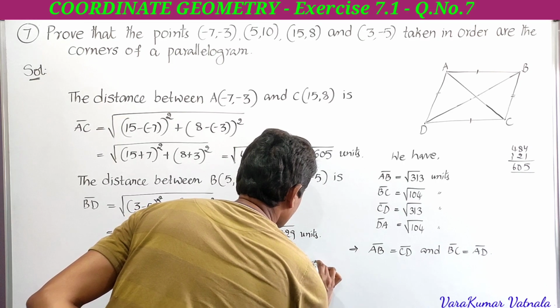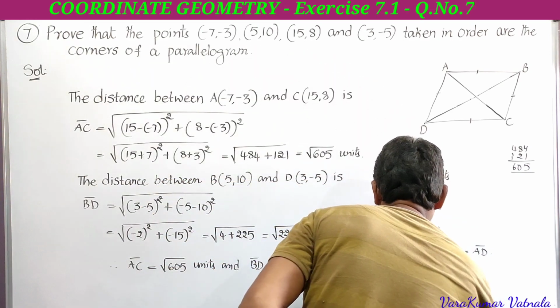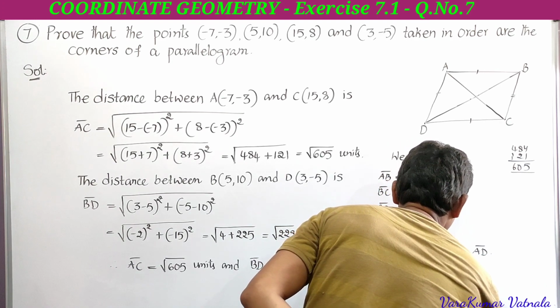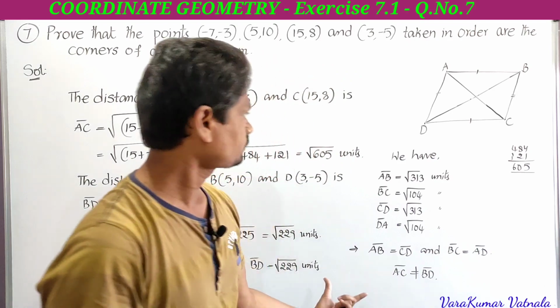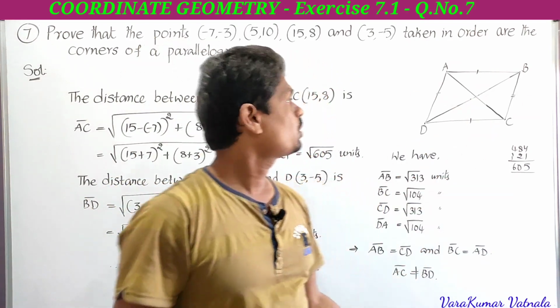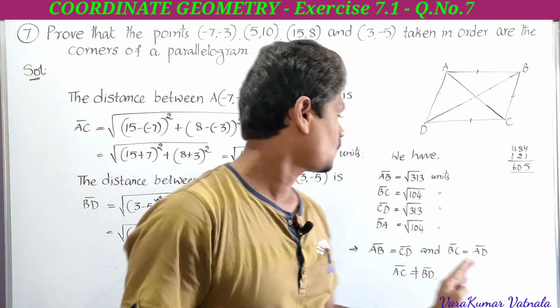It is very clear AC is not equal to BD. So definitely it is a parallelogram. Therefore the given 4 points are the corners of a parallelogram.